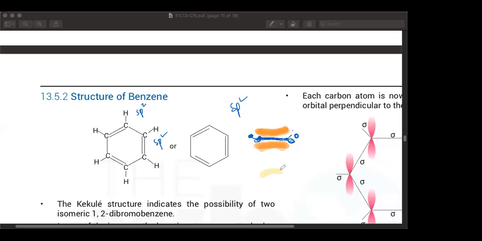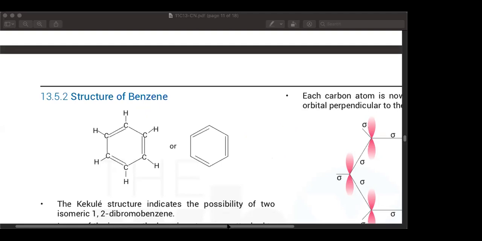One time they overlap this way, the other time the other way. So the single and double bonds are not actually shifting in real time.